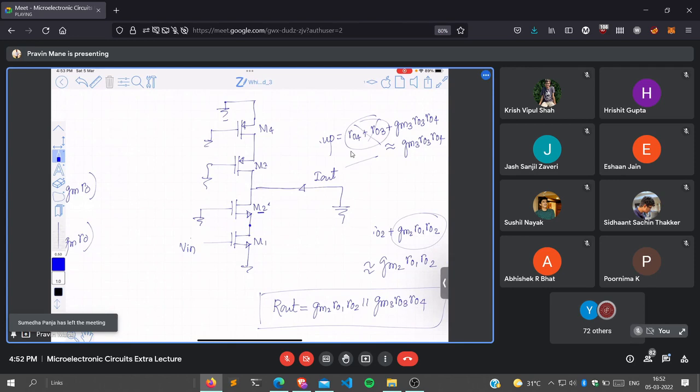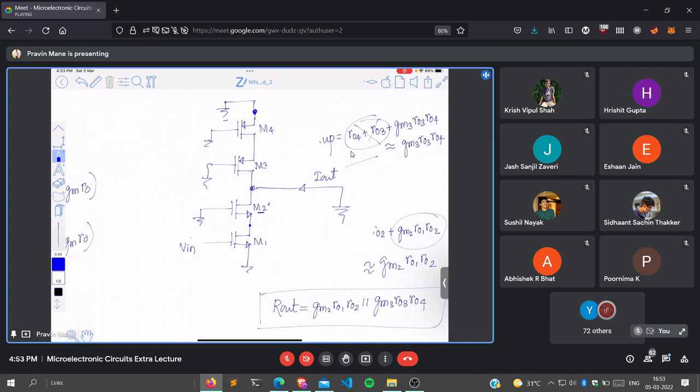Agree? Now you tell me, will current flow through M4 and M3? No. What is the reason? Because this terminal is at ground. This terminal is at ground.